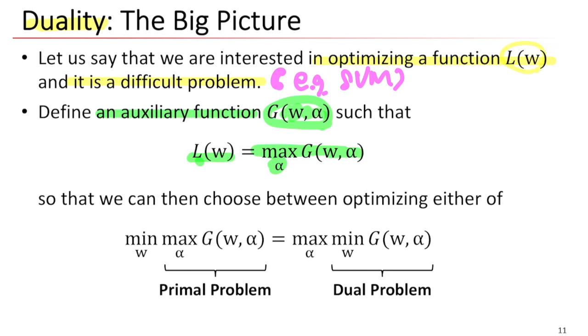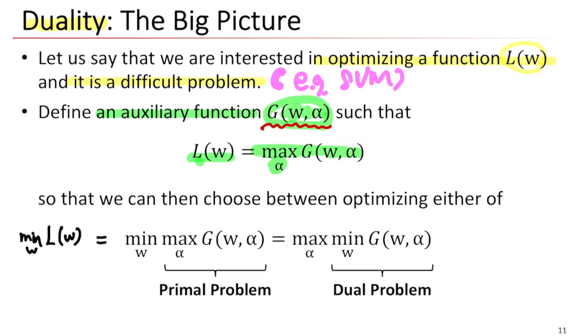In other words, if there is such an auxiliary function G of w, alpha, we can rewrite the original optimization, the minimum of L of w in terms of w. This is our original optimization.